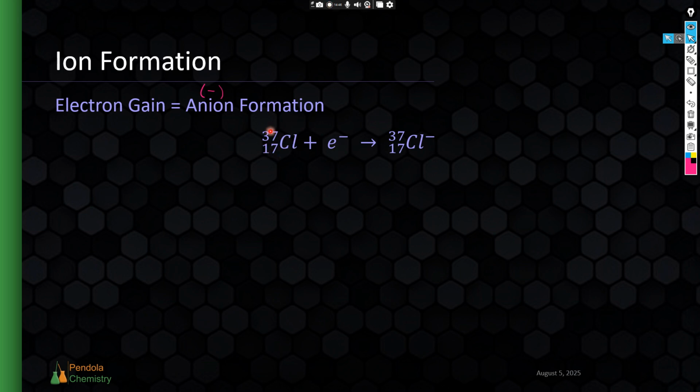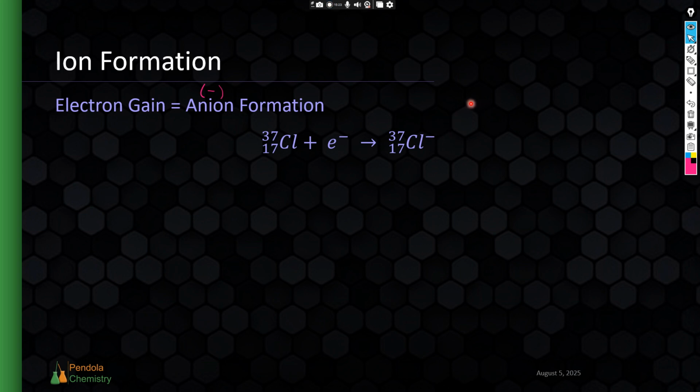When it gains that one electron, these two numbers don't change because, again, the atomic number is the number of protons, and the nucleon number is the number of protons plus neutrons. Neither of these two numbers are affected by the electrons. So when chlorine gains that one electron, in this case chlorine-37, all that is happening is that the charge of the chlorine, which we put on the top right of the symbol, changes to -1. It gains that -1 from the electron. And the 37 and the 17 stay the same. So what does that mean here?